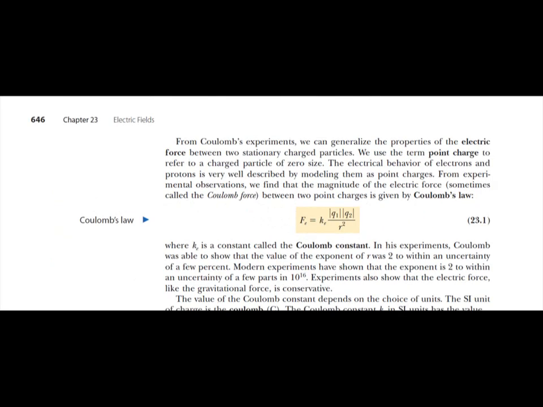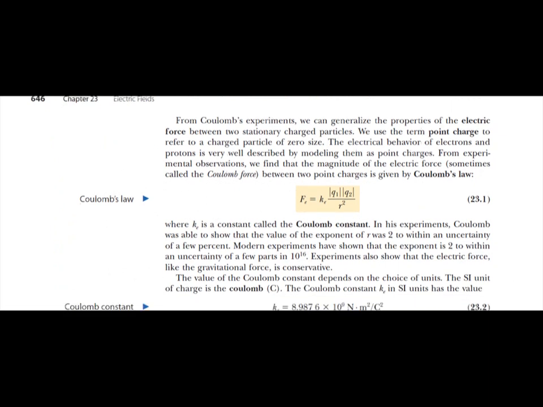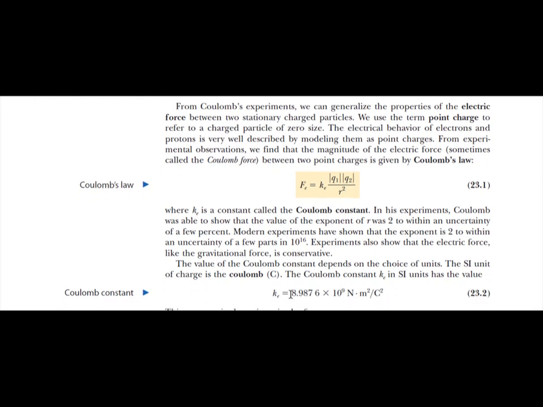So in short, Coulomb's law states that Fe is equal to Ke Q1 Q2 over r squared, where Ke is called the Coulomb's constant. The value of the Coulomb's constant is Ke equals 8.9876 times 10 to the power 9 newton square meter per coulomb squared.